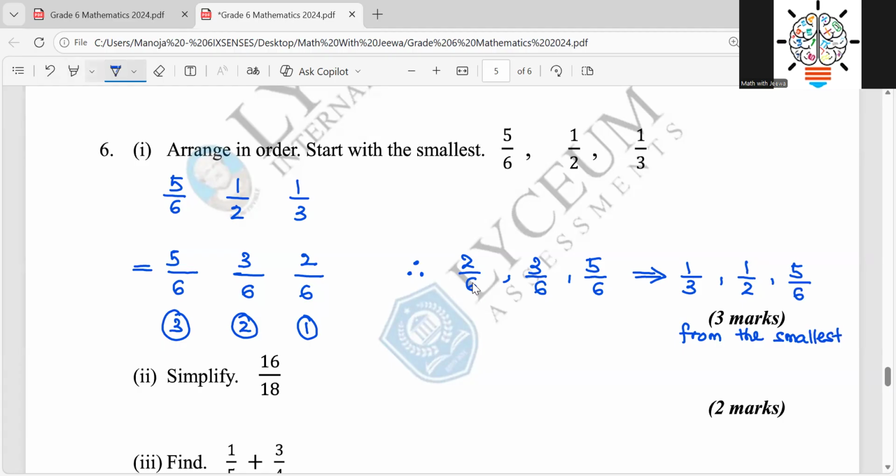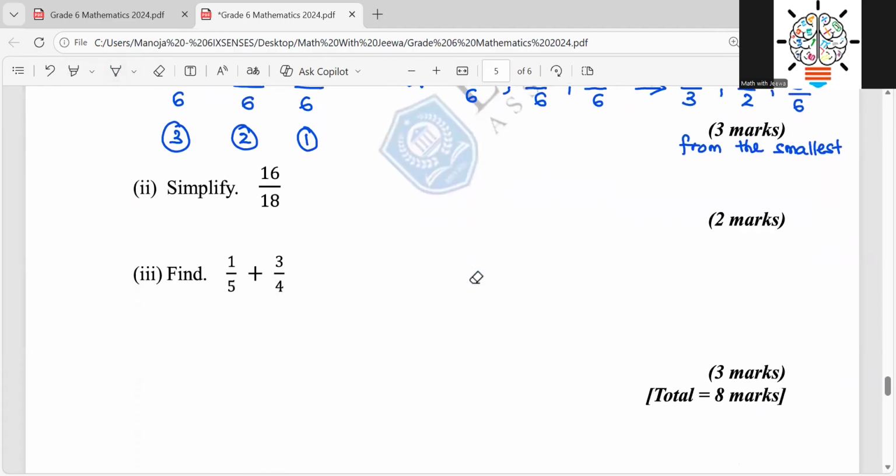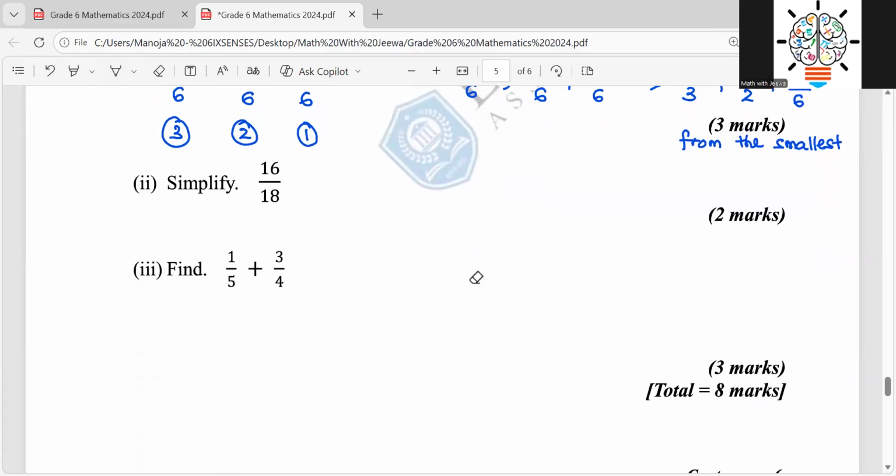Okay. Then we will move to the next one. They have given a fraction. You want to simplify. Children, you want to understand the meaning of this. Simplify. That means you are making something smaller. To make something smaller, what you are supposed to do, children, you want to divide both the numerator and the denominator by a same number.